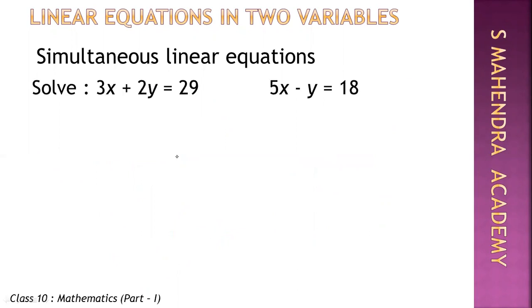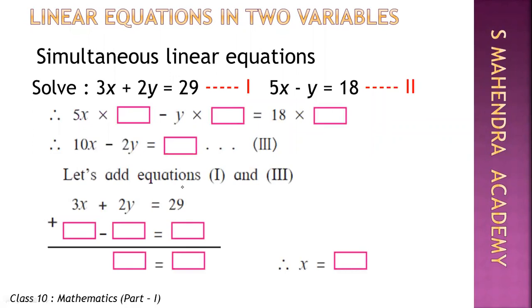So here we have an exercise for solving these equations. 3x plus 2y is equal to 29, and 5x minus y is equal to 18. The equation number 1 and equation number 2.